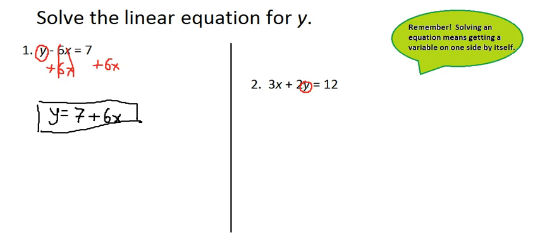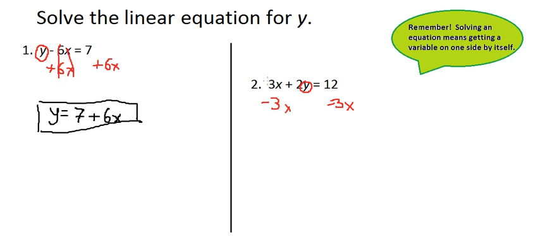So remember, when you're solving equations, no matter what your equation looks like, you're always going to get rid of addition and subtraction first. We can't move this 2 yet because that 2 is multiplied by the y. So we're going to move this 3x, this whole term, over to the other side. It's added, it's positive, so we're going to subtract 3x from both sides.